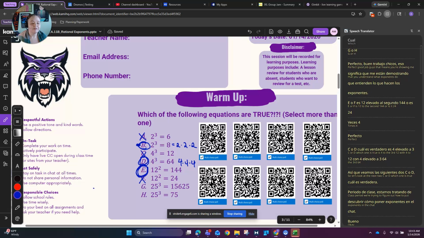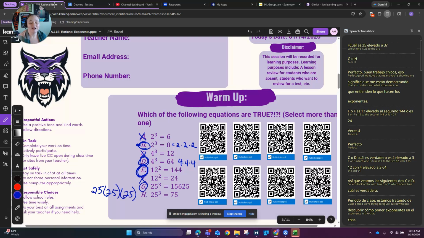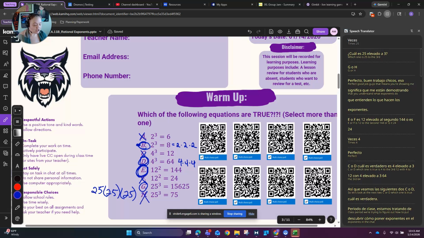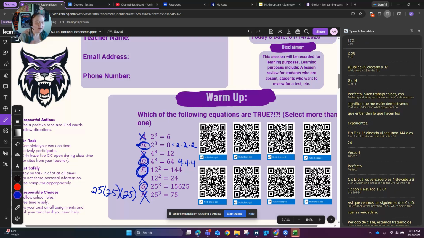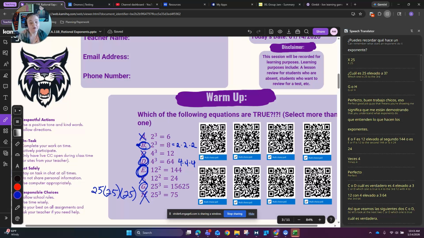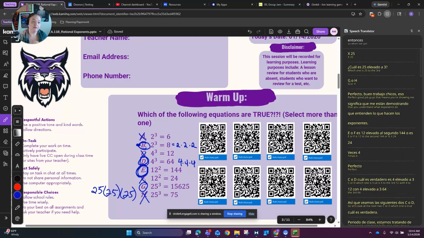We want 25 times 25 times 25. G. This is just basically, guys, making sure you can remember what an exponent does. It doesn't multiply the number by the exponent. It multiplies the number by itself. So when we get into the bigger numbers, it becomes really obvious.